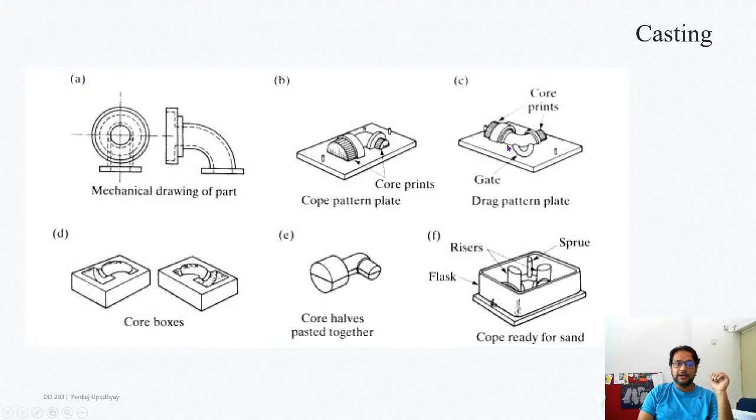You would make those pieces, and you make these kind of core boxes, something similar, right? So you do one step of casting first before you do the main casting. You make these core boxes using these core patterns, right?